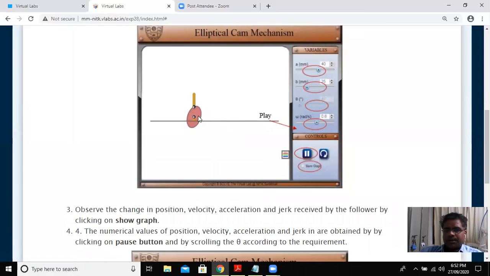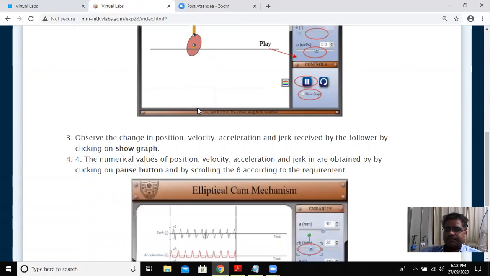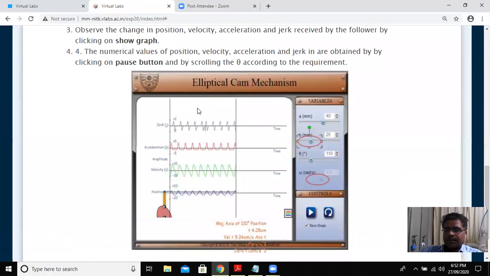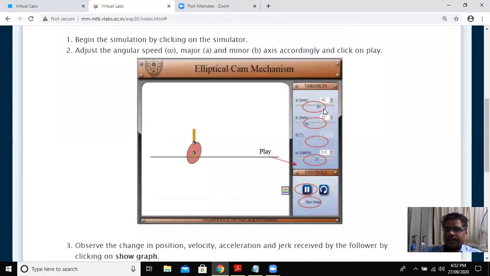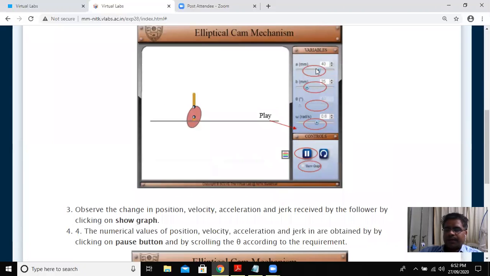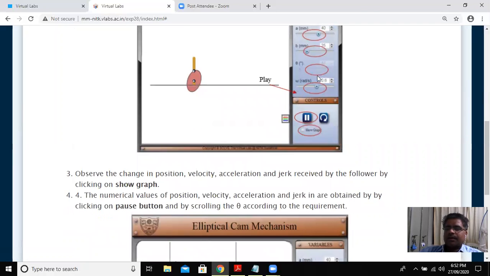See, if I am calling A as the semi-major axis, B as the semi-minor axis, and if I am giving the values of A and B in an ellipse, if A is larger, it will be called as major axis.